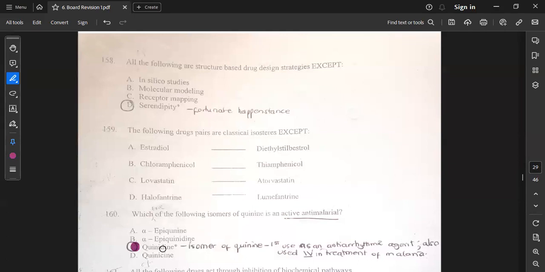Has activity against Plasmodium parasites. Maybe I'm overthinking it. Anyway, the answer is pretty obvious on that, right?